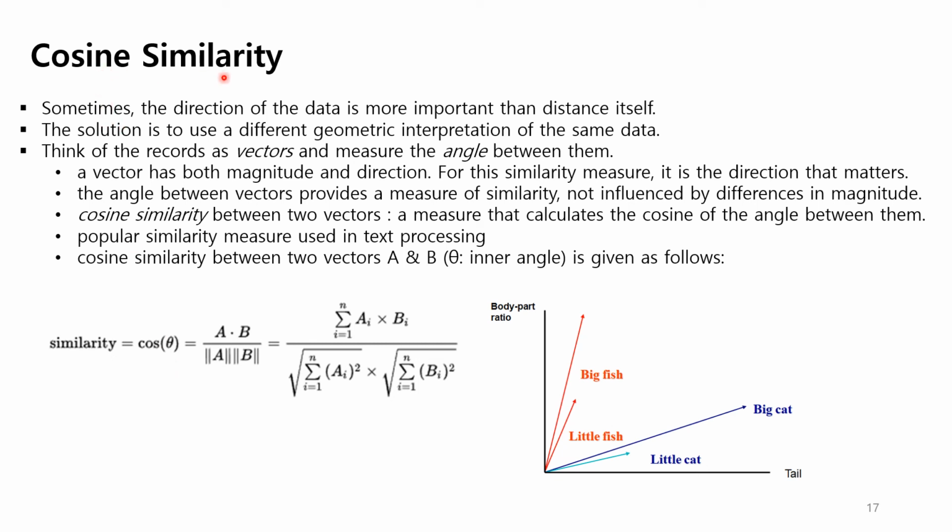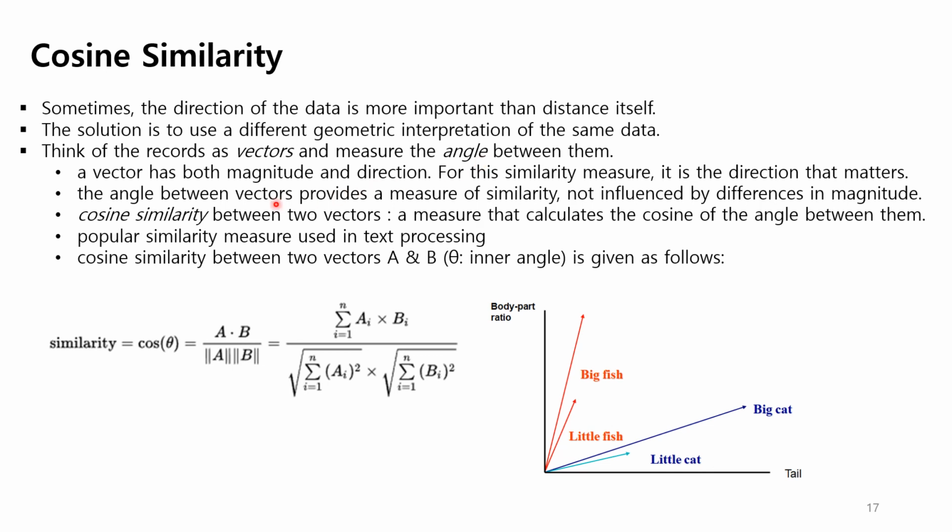In cosine similarity, the direction of data is more important than distance itself. So we use a different geometric interpretation of data. Data is represented as a vector, and what matters is the angle between them. The cosine of the angle is the exact definition of cosine similarity.